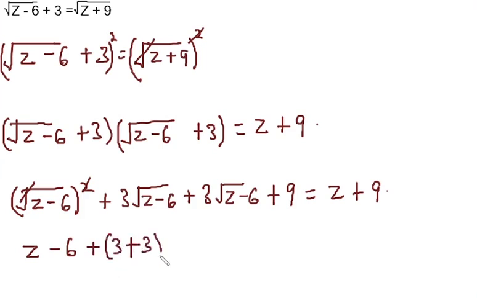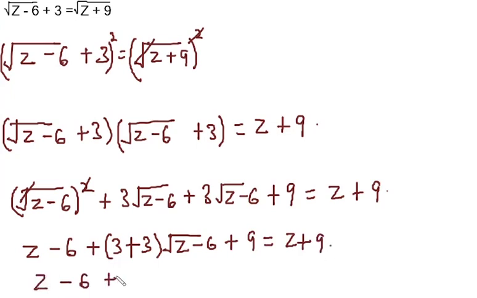And since they have the same radicals, I'm bracketing them, multiplying them by their radical, which is square root of z minus 6. Then this is plus 9. So this is equal to z plus 9. So I have z minus 6 plus (3 plus 3) which is 6 square root of z minus 6 plus 9 is equal to z plus 9.